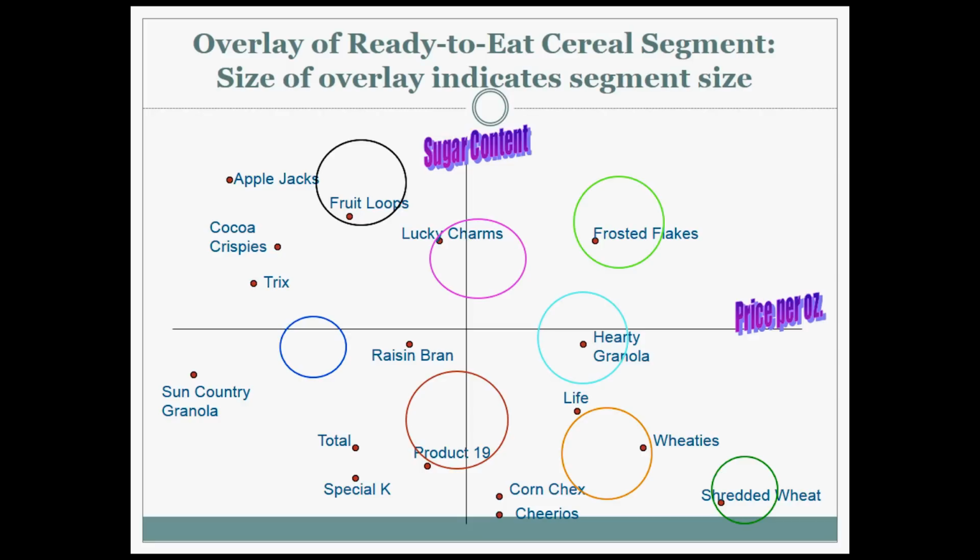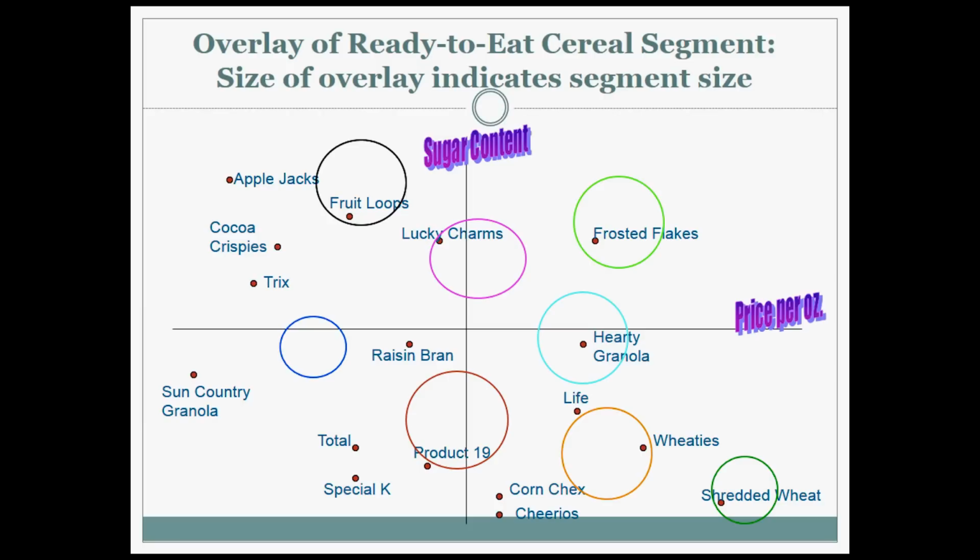So when you say we want to move into the product 19 segment, do you mean we want to market shredded wheat there, or just make a new product and place it in that segment? Yeah, those are all the branding decisions that you're often making. Let's say you're Frosted Flakes and you want to be in the red circle down where product 19 is. This is all hypothetical.